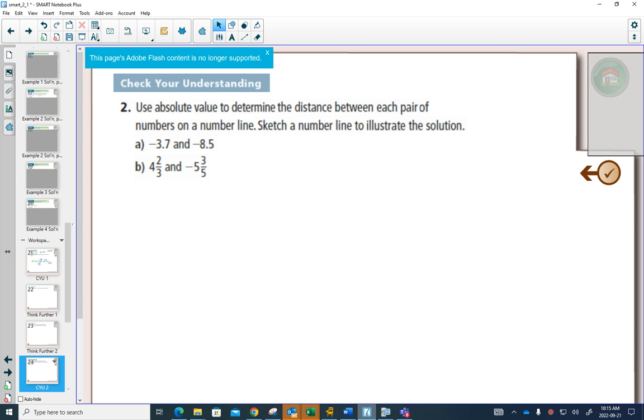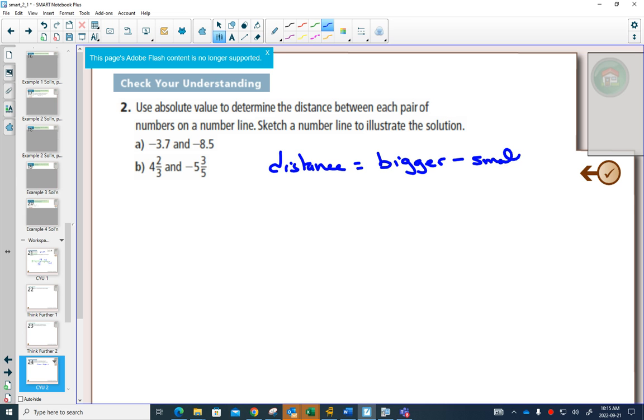So if you're not worried about which one's bigger or smaller, to find the distance, easy, okay, I will write it down. It's going to be the bigger one minus the smaller one.